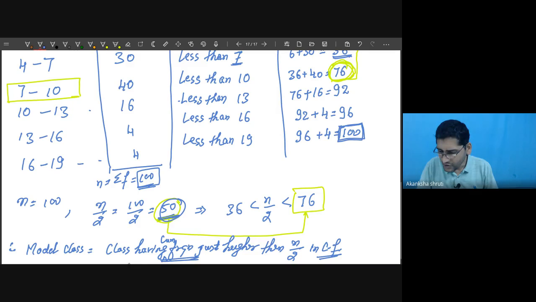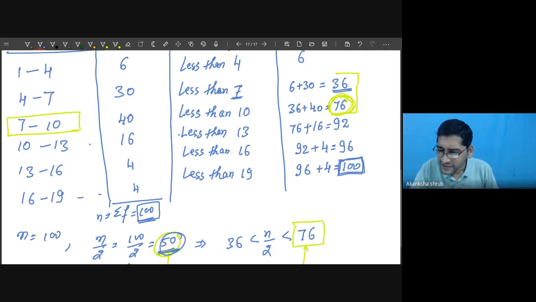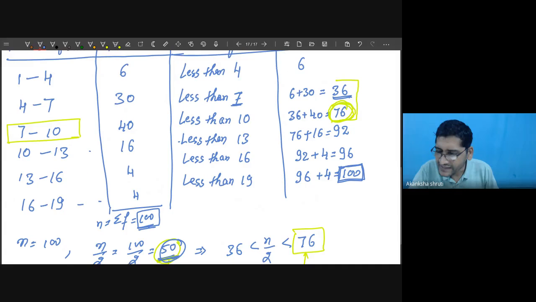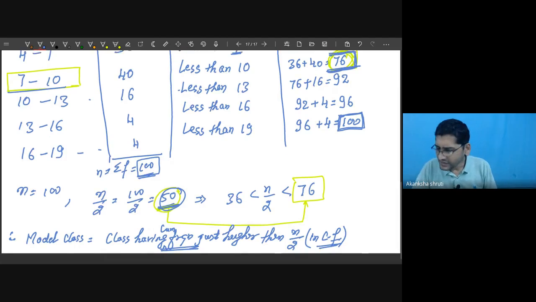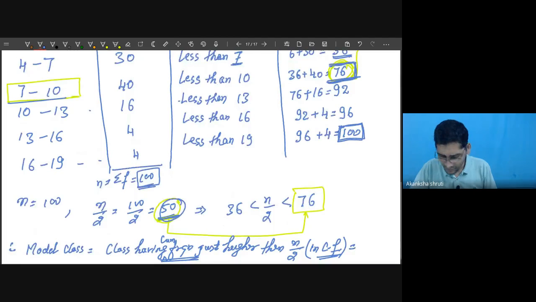Observe for the cumulative frequency: it is our 76. Corresponding to this 76, the interval we have taken is 7 to 10. So this modal class is basically 7 to 10.